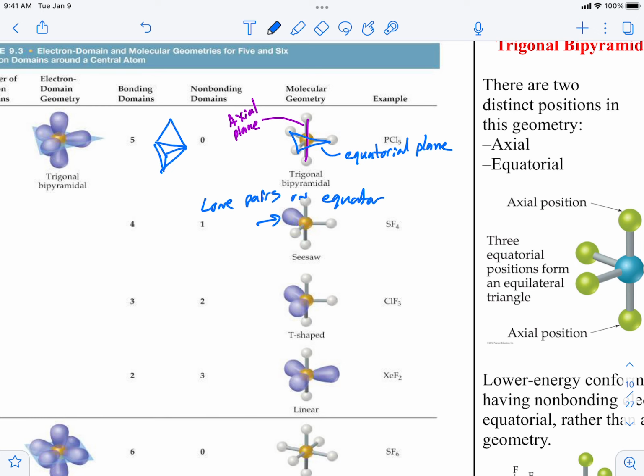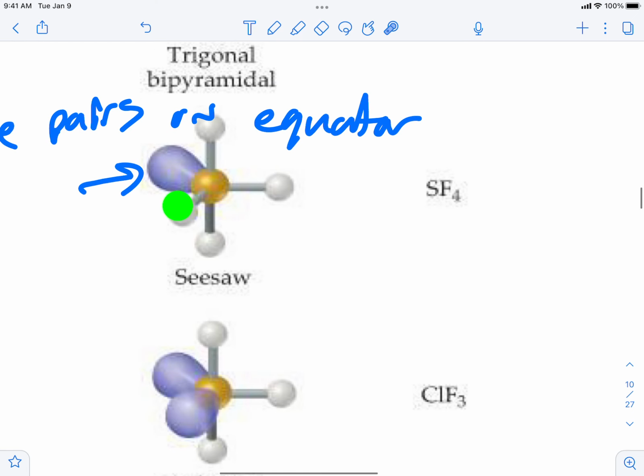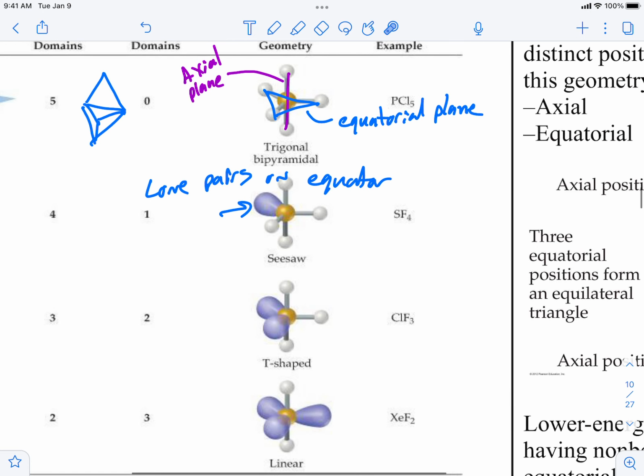And the reason why they must be there is because there's more room around the waistband here. There's more room here than there is here. This angle here is 90, but around the waist it's 120. Because lone pairs take more space, they have to exist where there's more space for them to exist. So that's why the lone pairs will always be on the equator.